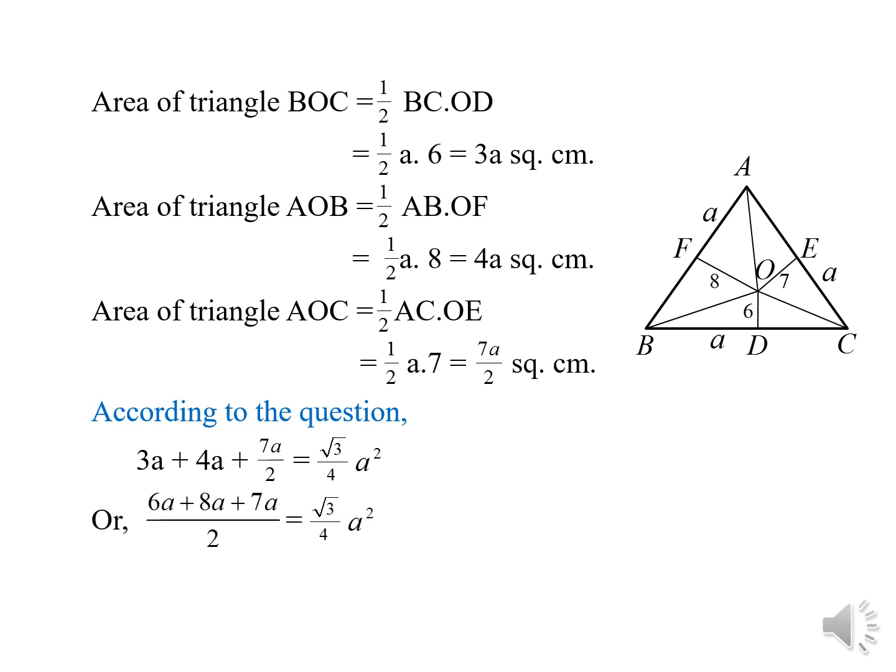At the left side, here the LCM is 2 and the numerator becomes 6a plus 8a plus 7a, and at the right side root 3 by 4 a square.